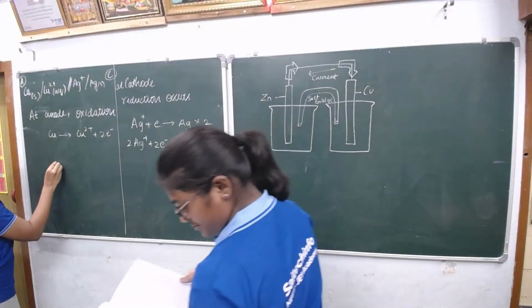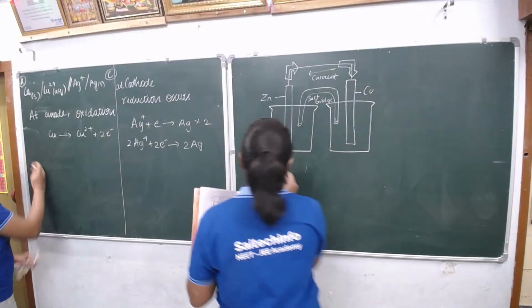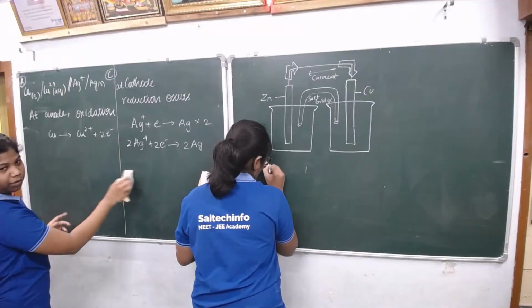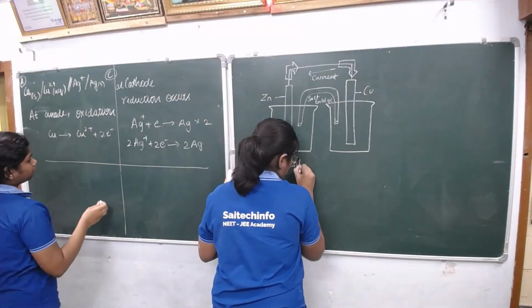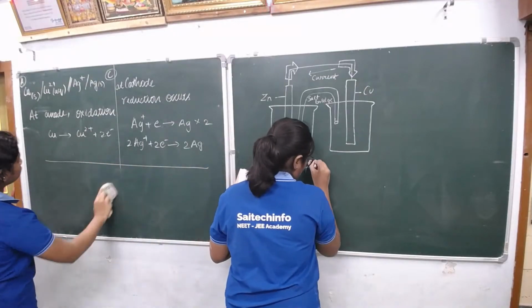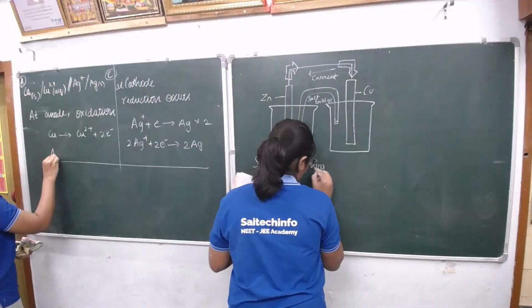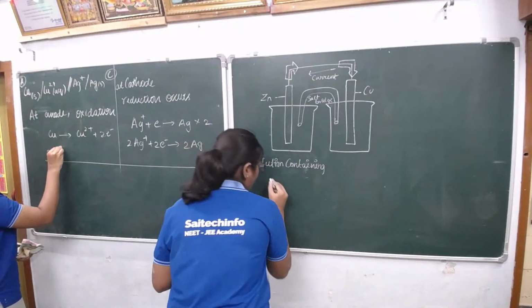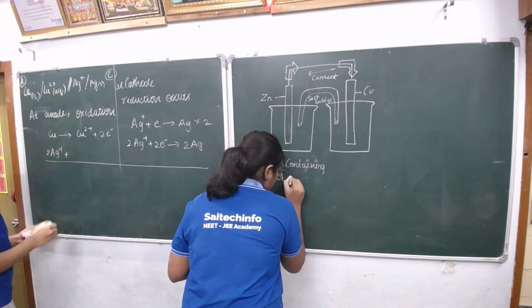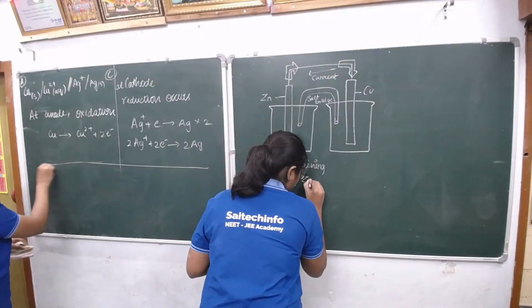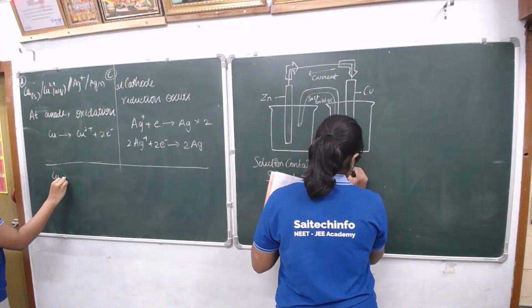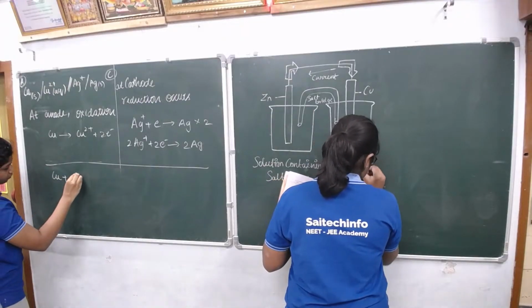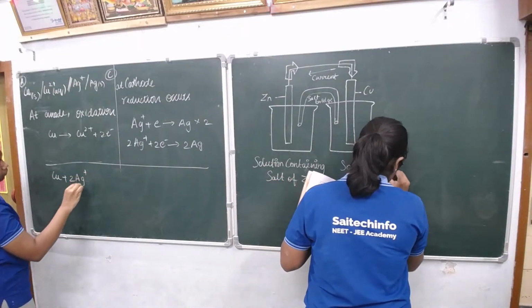Combine. Put a line. First start with Cu. You can combine straight away. The left hand side should be added first: Cu and then 2Ag+. The 2e can be cancelled.